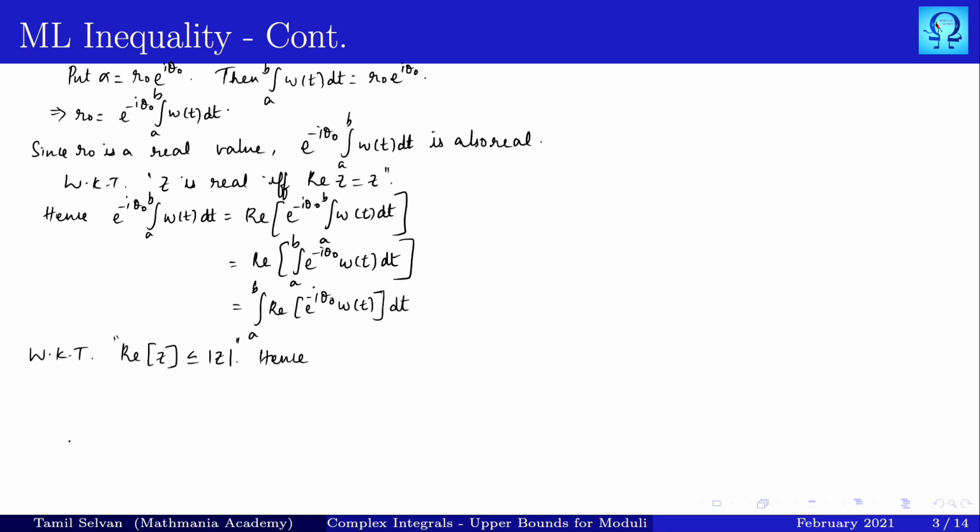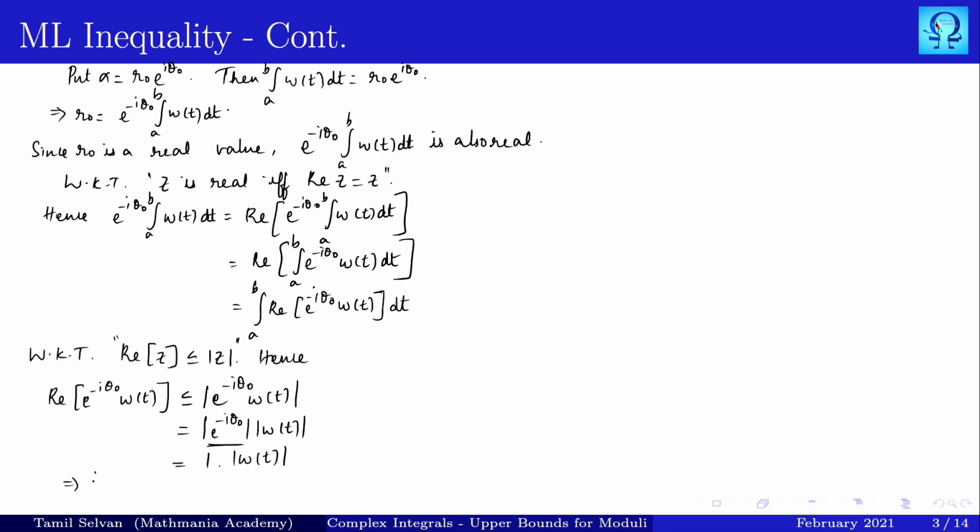Hence the real part of e to the power minus i theta naught w of t is smaller than or equal to the absolute value of e to the power minus i theta naught w of t. By the properties of absolute values of complex functions, this absolute value of the exponential is 1 for any value of theta naught.